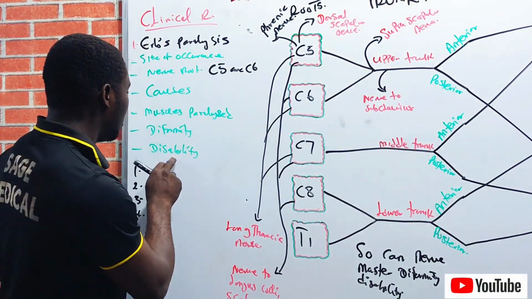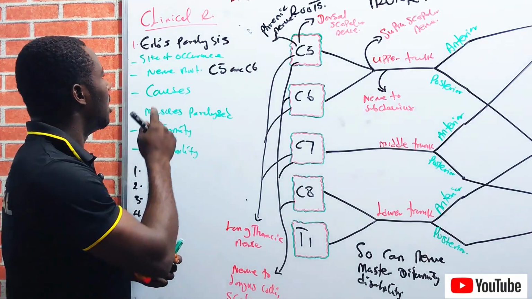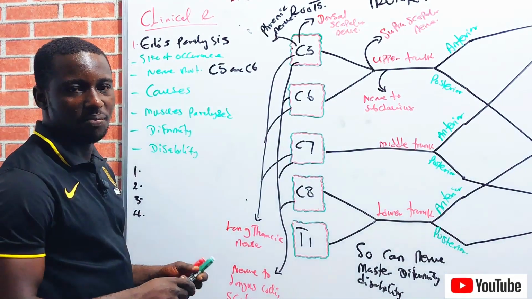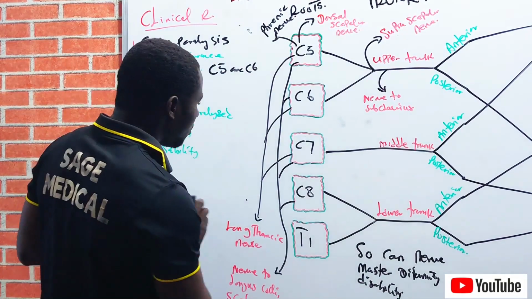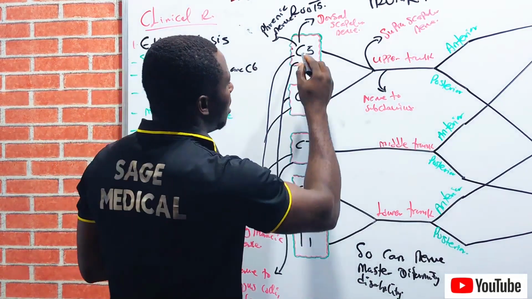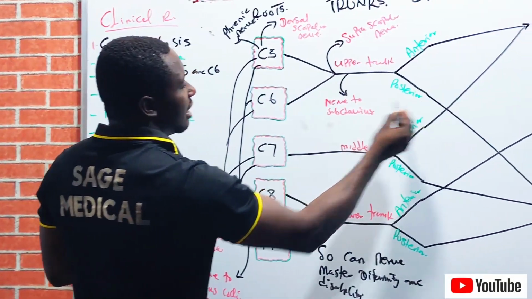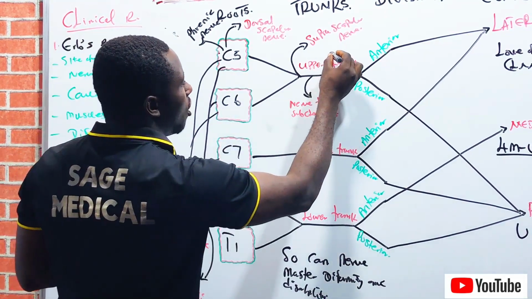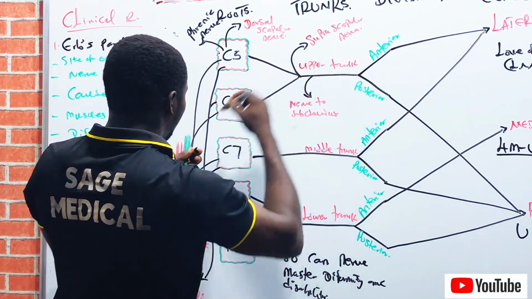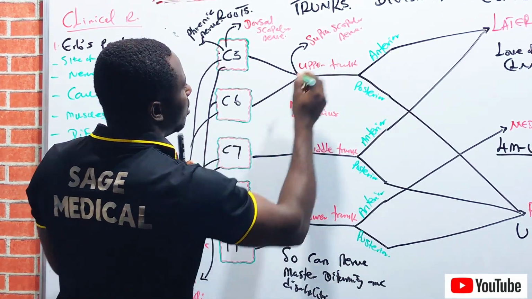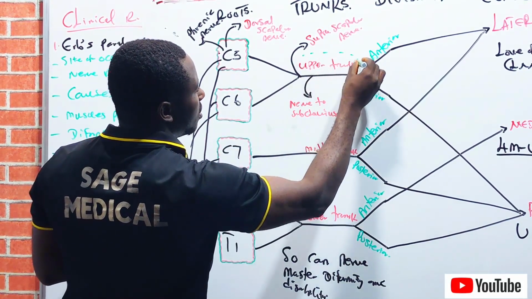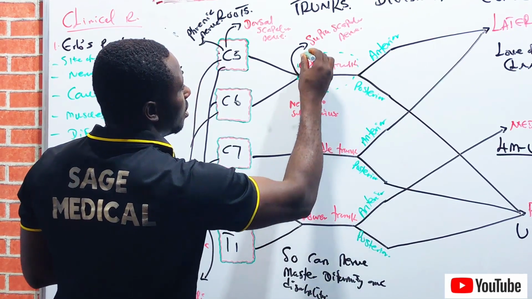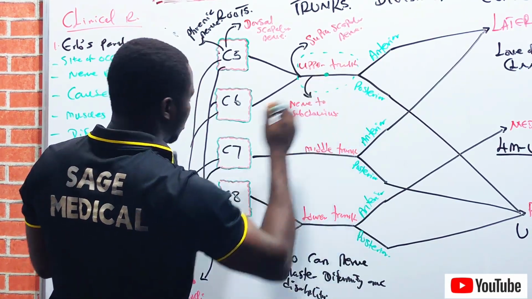That is the disability of Erb's paralysis. You get? Now, this is the diagram here. Look at the diagram used in writing, the diagram to draw for Erb's paralysis. Now here it becomes the Erb's point. This region here is the Erb's point.